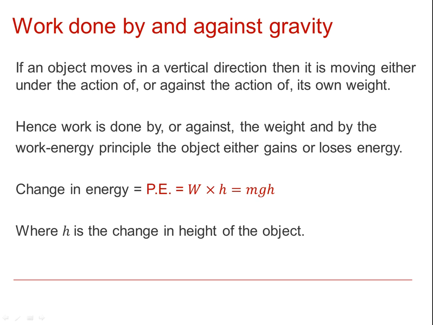We know that the work done is the force, W, multiplied by the height, and that W is equal to mg. So we have therefore that the potential energy is mgh, where h is the change in the height.